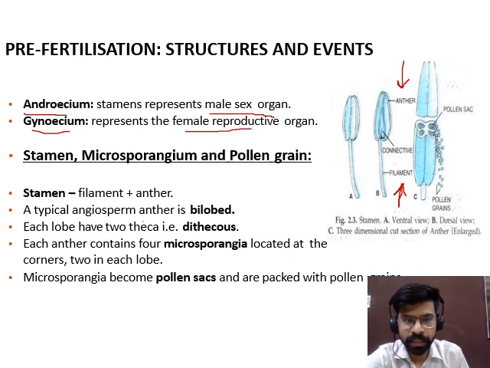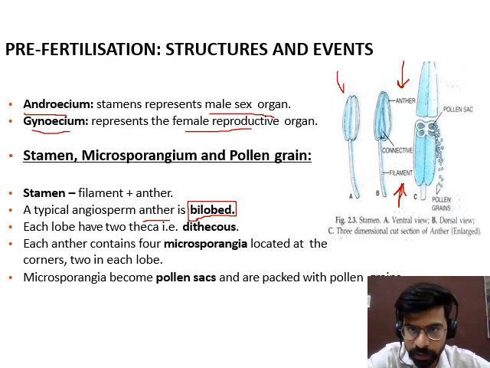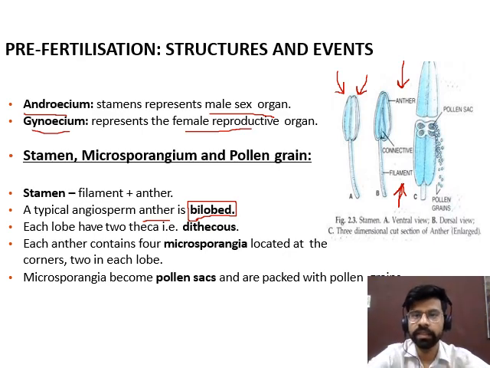Anther is generally bilobed. Now what is bilobed? Bi means two. You can see here first, second, this is a bilobed structure.